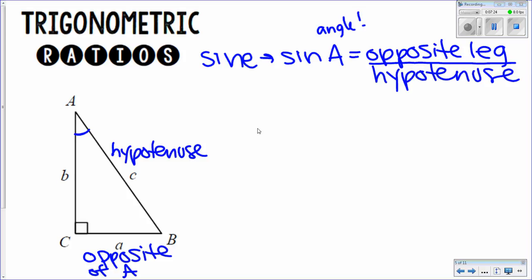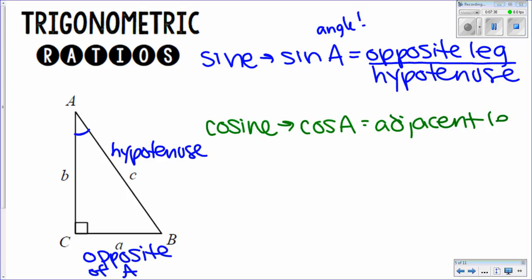Your second one is called cosine, which we abbreviate to COS. That's probably what you see on your calculator. And that is equal to the ratio of your adjacent leg over your hypotenuse. So it's the same idea.